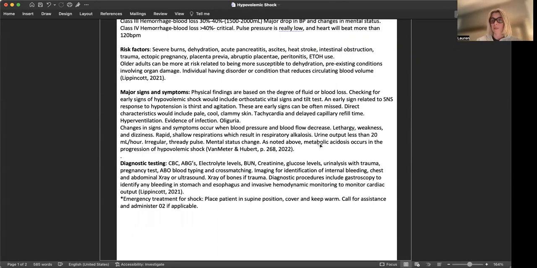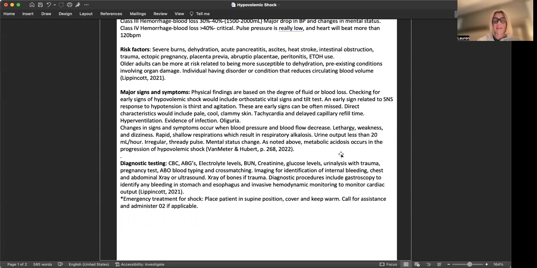I won't go through all the major signs and symptoms that are here. However, I do want to point out, like I mentioned above, that some of those early signs often get missed. The sudden irritability and anxiety are a good physical finding in the beginning.